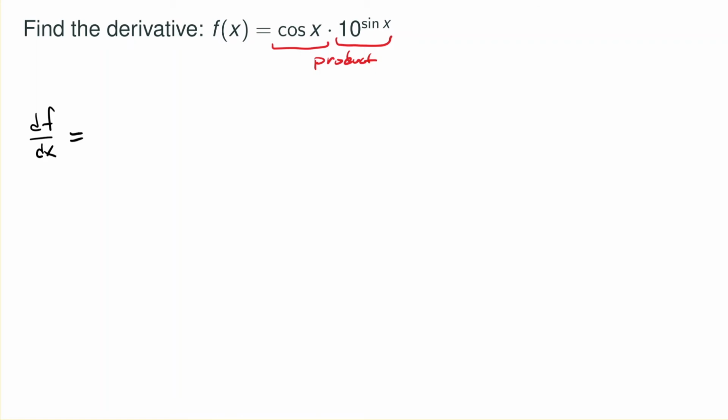So it says derivative of first function times just the second function as it is, plus, let me actually use a different color for the second function, 10 to sine x, plus derivative of 10 to sine x multiplied by first function cosine x.